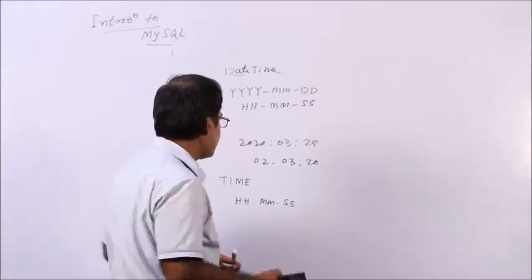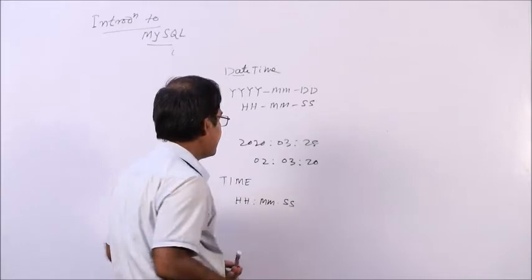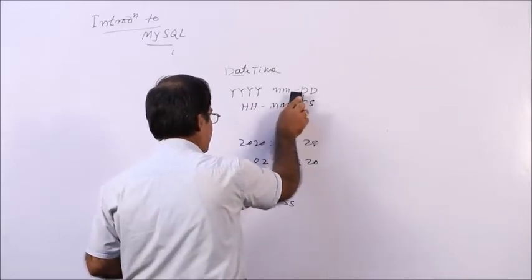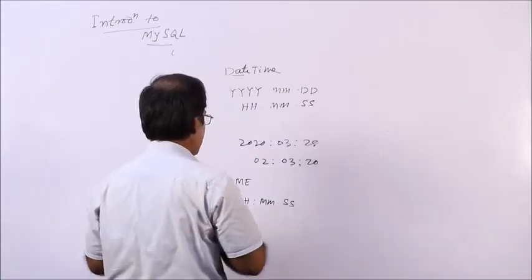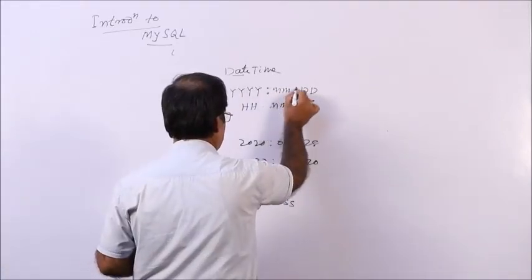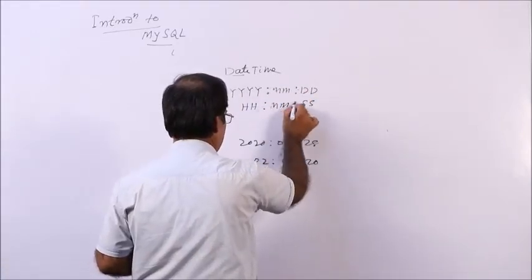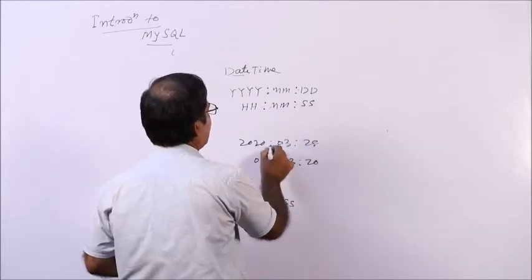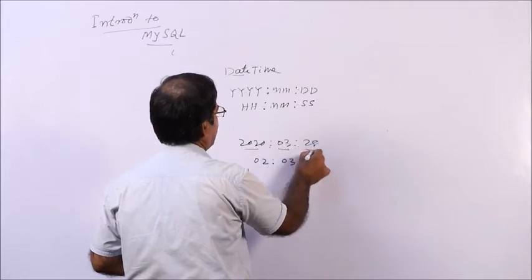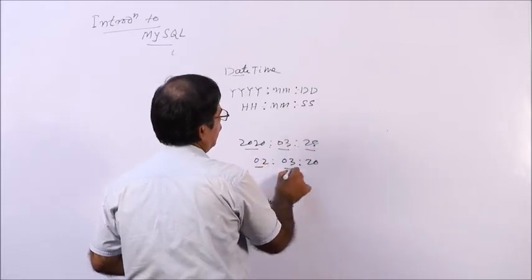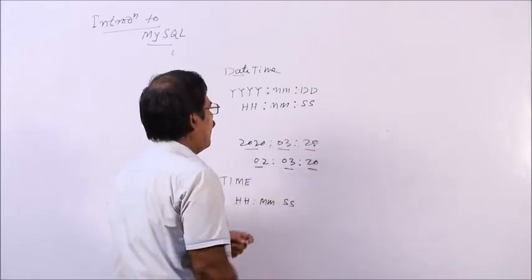You put colons, not spaces. In this colon format you put year, month, date, hour, minute, second, with a colon separating each.